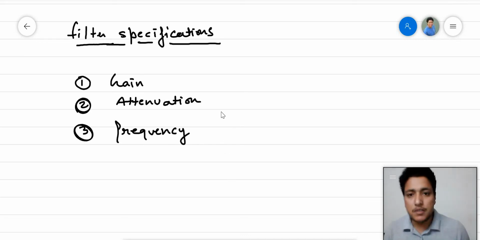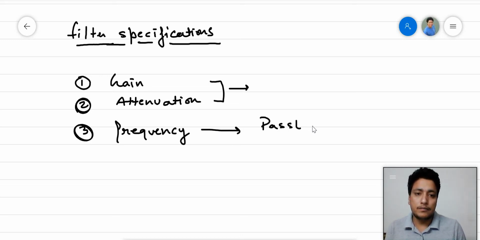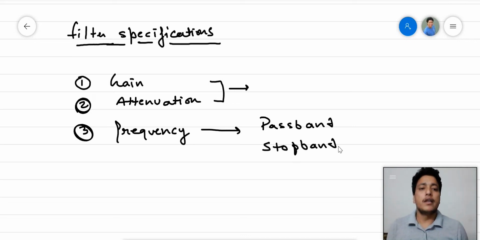Most of the times gain and attenuation will be treated in the same column, sometimes calculated in terms of gain, sometimes calculated in terms of attenuation, whereas frequency part is subdivided into two parts, that is called pass band and stop band. Please note this point that we are discussing right now for an ideal filter.